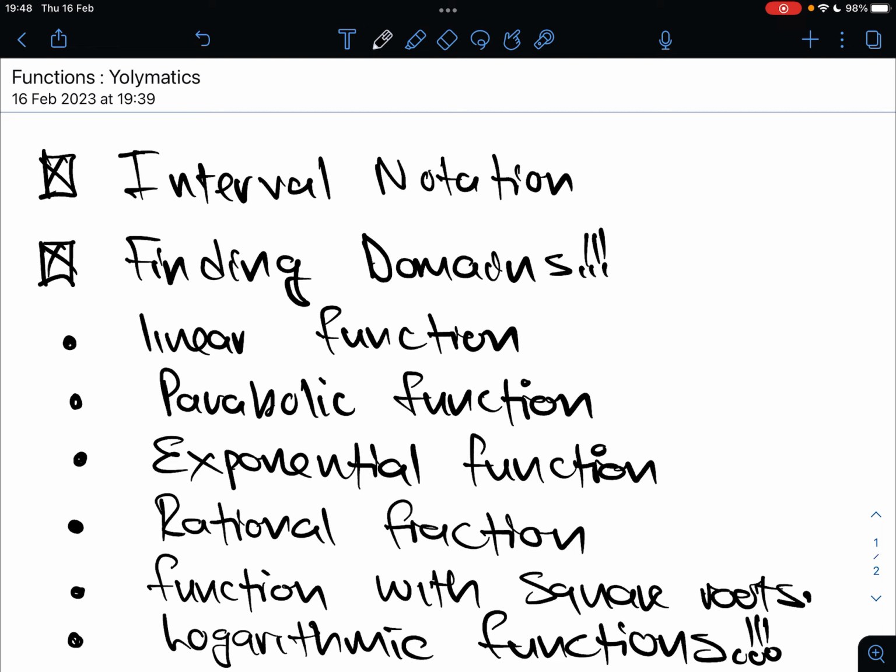That's what we want to uncover in this lesson, to see how we can learn to find domains of these specific functions.